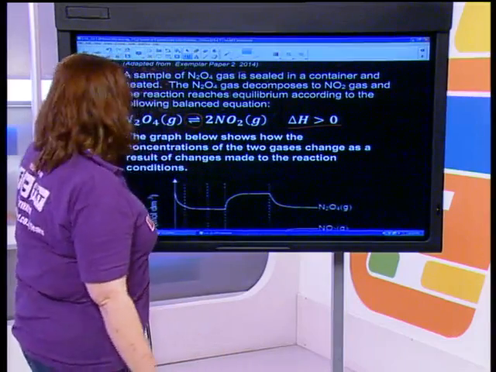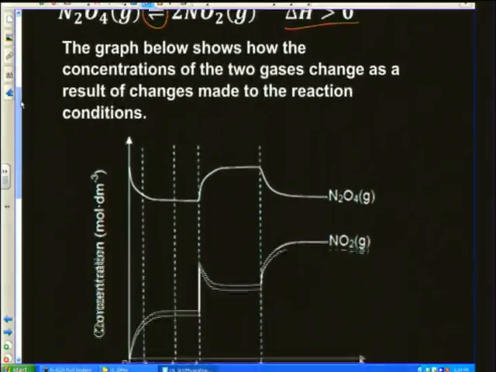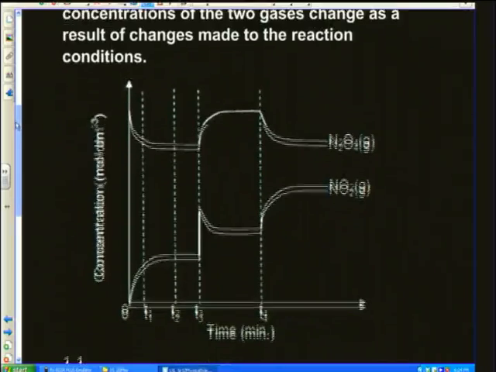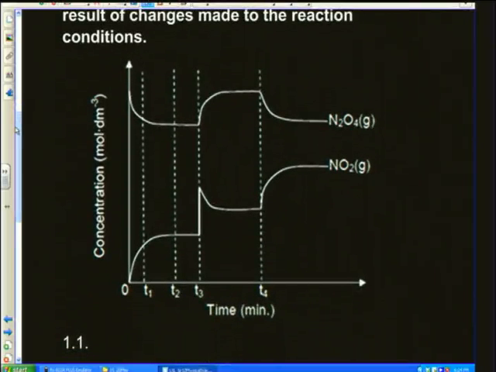The graph below shows how the concentrations of the two gases change as a result of changes made to the reaction conditions. Now, this looks different to a rate graph, so it's not exactly the same as the graph we did before the break. But first of all, N2O4 is my reactant, so I always start with a lot of reactants. Always, always, always. NO2 is my product, and I always start with 0.